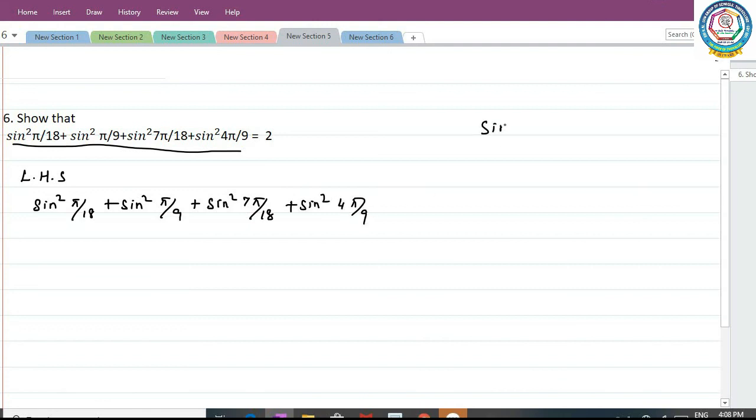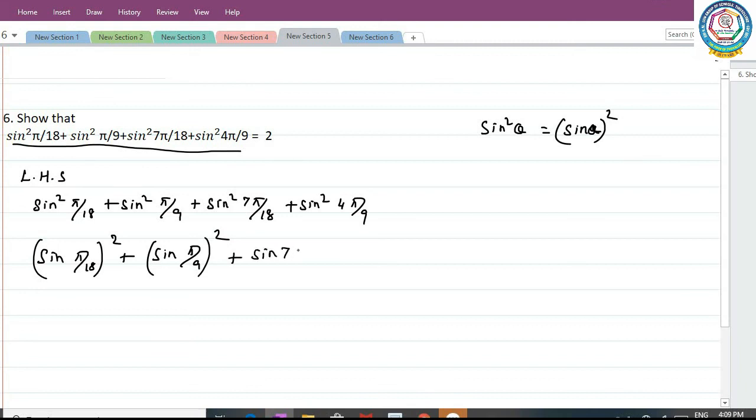We know sin square theta equal to sin theta the whole square, both are equal. So I change it to sin pi by 18 the whole square plus sin pi by 9 the whole square plus sin 7 pi by 18 the whole square plus sin 4 pi by 9 the whole square.